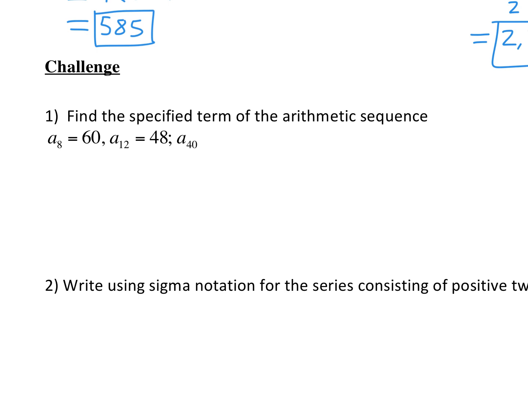All right, so what's tough about this problem, if you think back to the formula, there are 4 variables in that formula. So ideally, you'd be given 3 out of the 4, but we are not given 3 out of the 4. We're not even given 2 out of the 4.